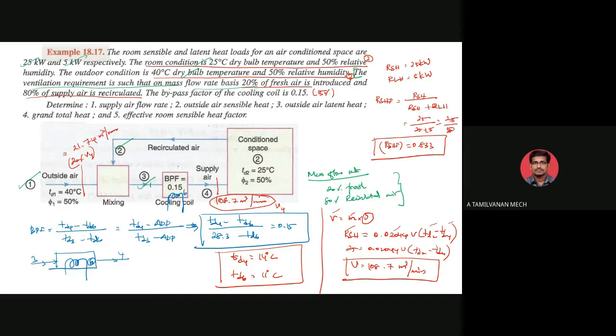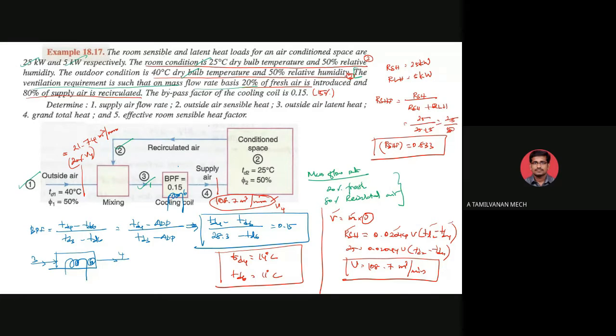Okay, 21.74 meter cube per minute. So this is simple: we find the total volume flow rate and then the outside air volume flow rate.